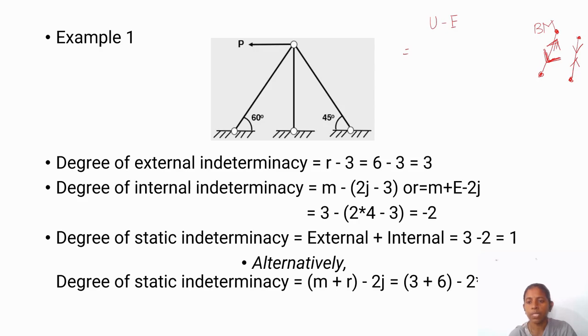So the available equilibrium equations are summation of Fx equal to 0 and summation of Fy equal to 0 only. No need to consider summation of moment equal to 0 because each member has an axial loading force. So the axial deformation is neglected.